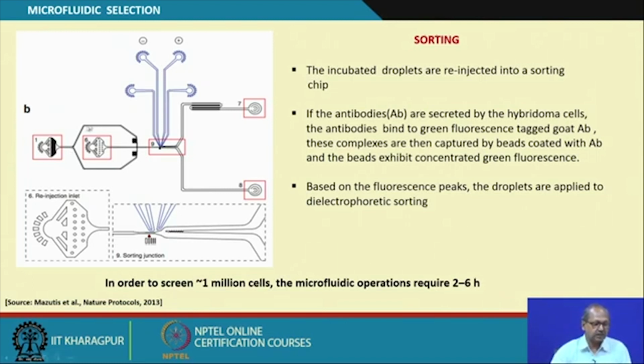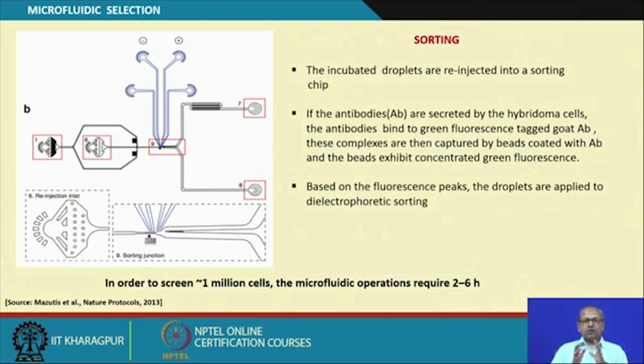In the same way, flow focusing is done again, and the droplets pass through the screening chamber with the laser and dielectrophoresis setup. The cells are sorted, and those which are not fluorescent go out. In that way we can screen around 1 million cells in a microfluidic operation in 2 to 6 hours.